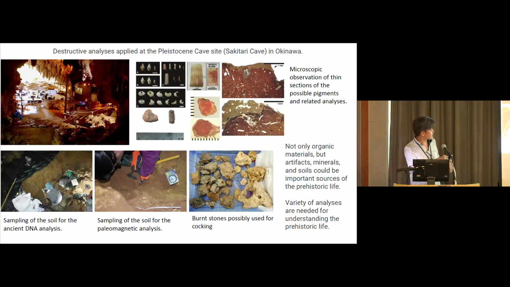And we are trying to get ancient DNA from the soil sample, and also conducted a paleomagnetic analysis to determine the hearth. And also we have several burnt limestone rocks, probably used for cooking, but we are not sure. So we just started to discuss with our collaborators what kind of analysis we can conduct on these samples.